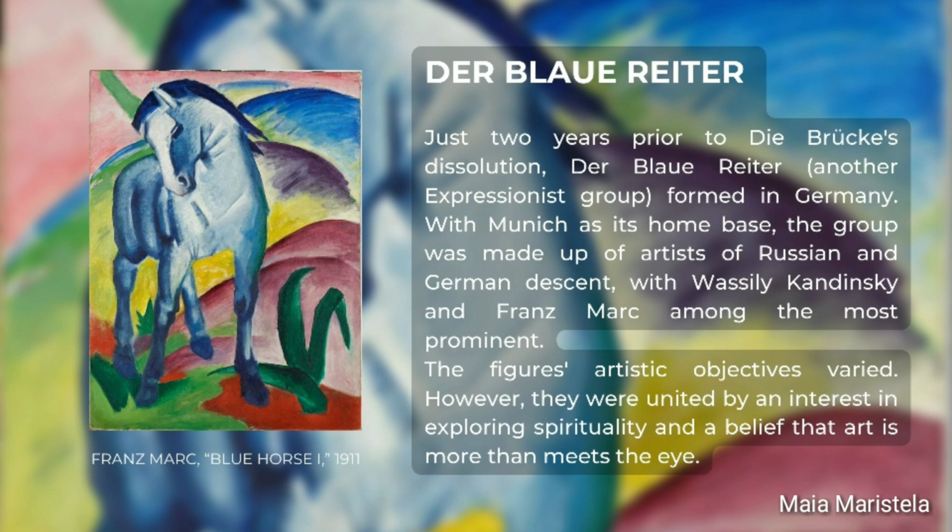The figures' artistic objectives varied. However, they were united by an interest in exploring the spiritual and a belief that art is more than meets the eye. The photo on the left side is an artwork called Blue Horse, 1911, by Franz Marc.